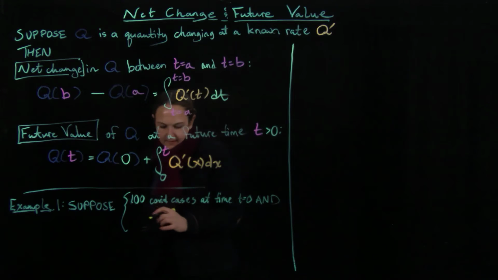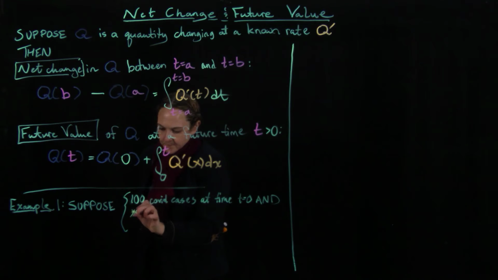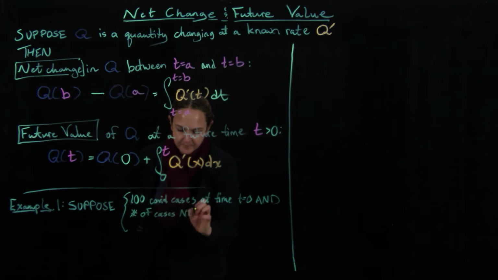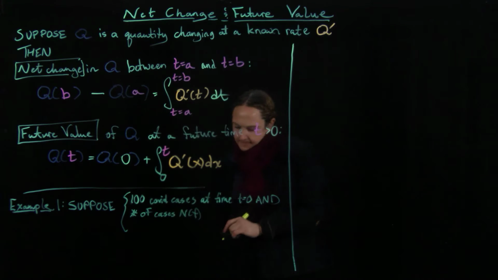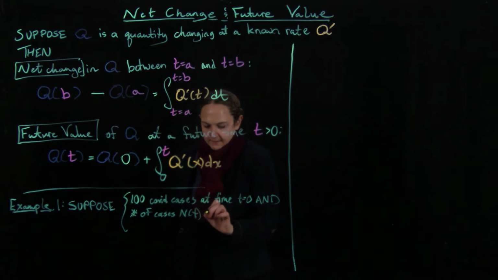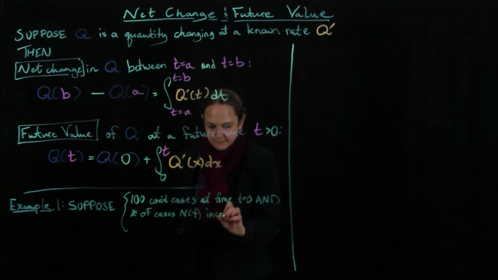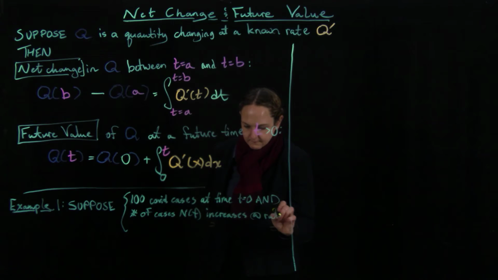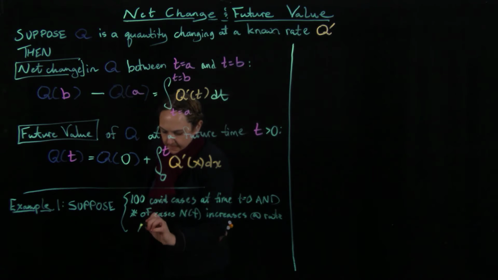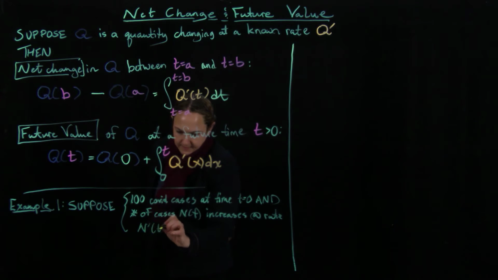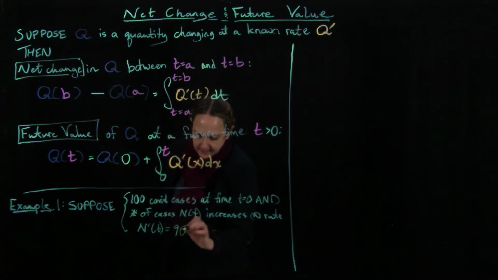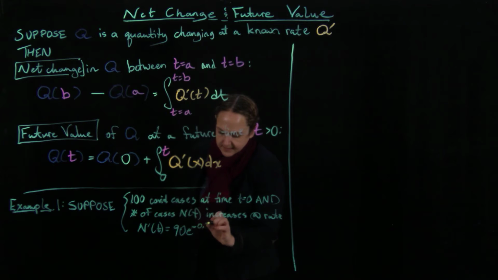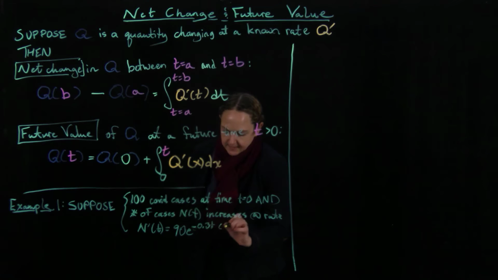Okay, the number of cases, which we're going to denote by N of t, increases at a rate of N prime of t equals 90 e to the minus 0.3 t cases per day.